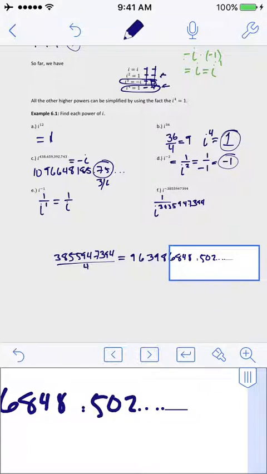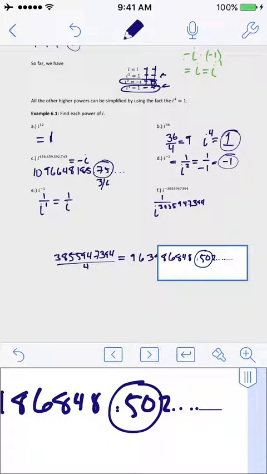Total dyslexic moment there, 0.50, that's all we care about.